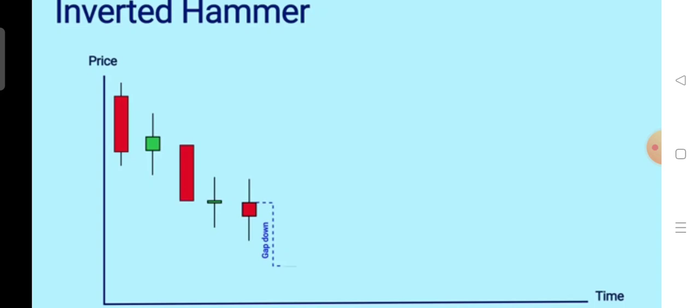After the sustained down move, the bulls take control a little bit and push price higher in their endeavor to buy. But at the top end of the day's range, the bears again take control and push price lower, but they are unable to push price much lower than the opening price.